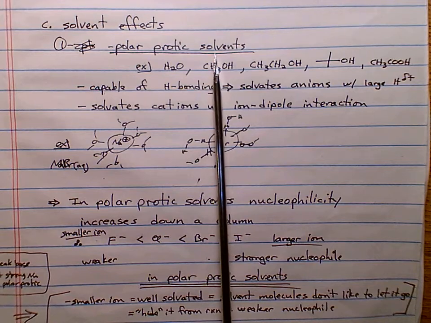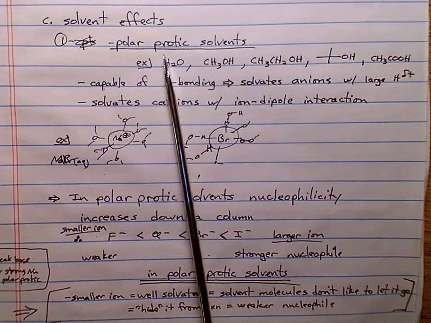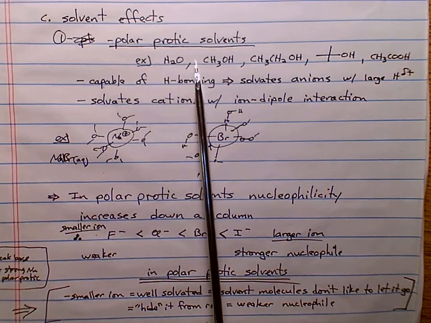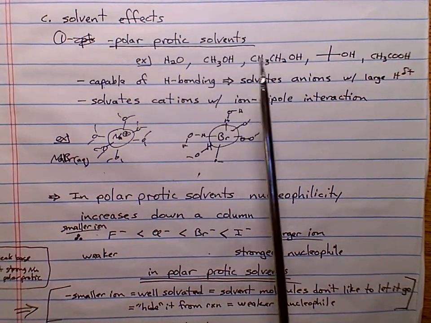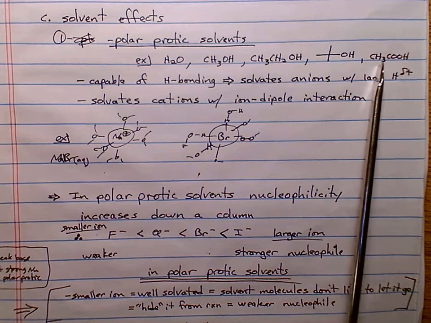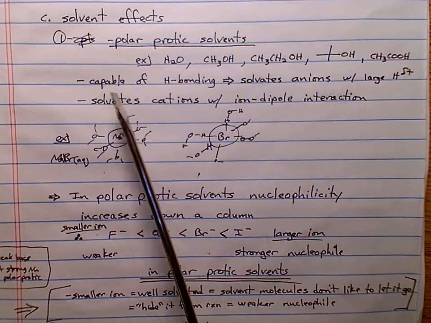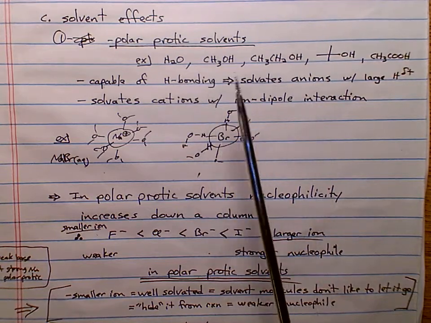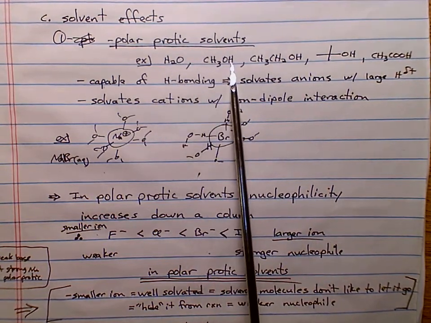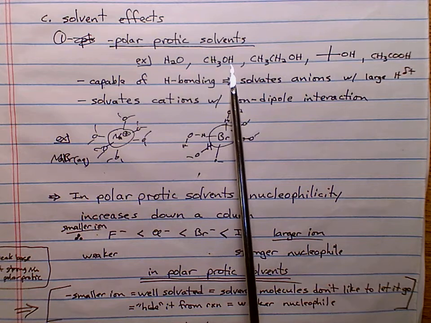All right, so polar protic solvents, meaning solvents that have a nitrogen or especially an oxygen with a hydrogen on it, such as water, alcohols, acetic acid here. These are capable of hydrogen bonding, and so they really like anions. These protons have a very nice partial positive charge, because remember, OH is fairly darn polar.